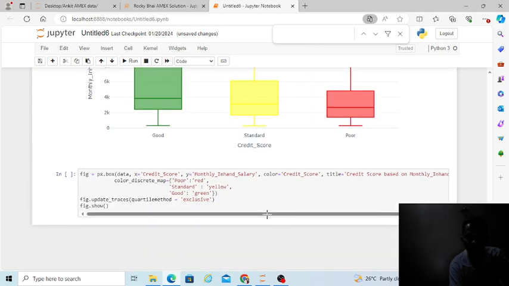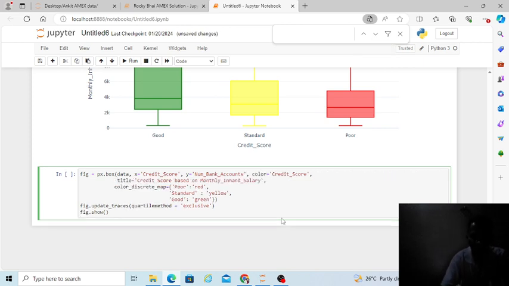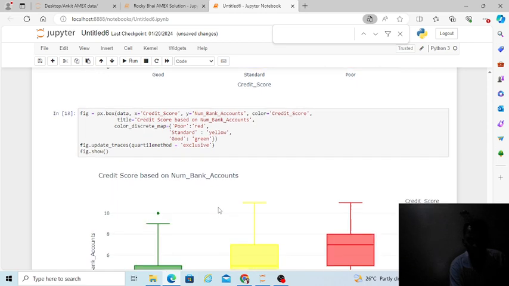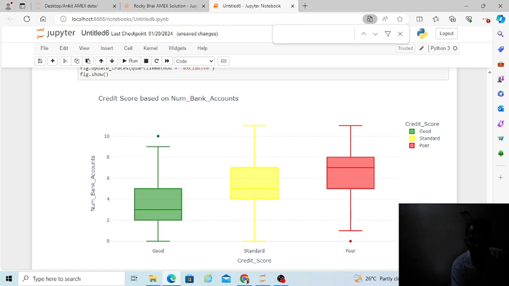So I will include here number of bank accounts and credit score based on number of bank accounts. The rest of the entire code is the same. According to number of bank accounts, it is showing that people with poor credit worthiness are more.